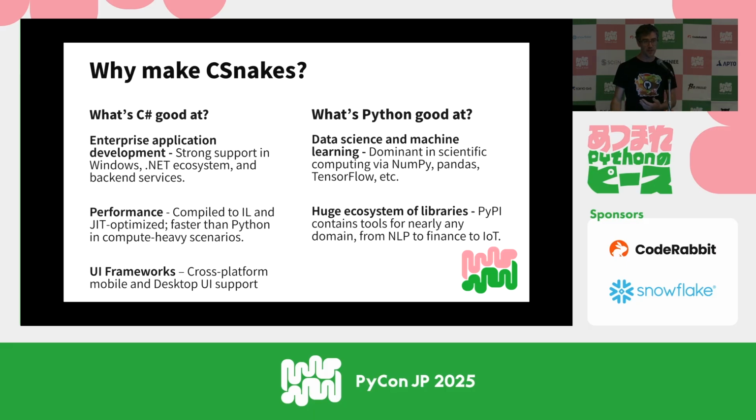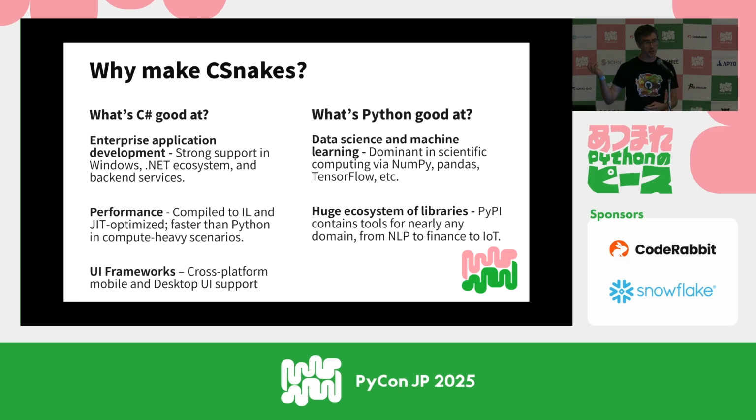It's really big in game development. A lot of 3D games are written in C#.NET. It's also very powerful for UI frameworks. You can build mobile apps for Android, iOS, Windows Desktop, macOS, pretty much any platform. And there's also a very mature web stack. So it basically has a lot of things that Python doesn't.